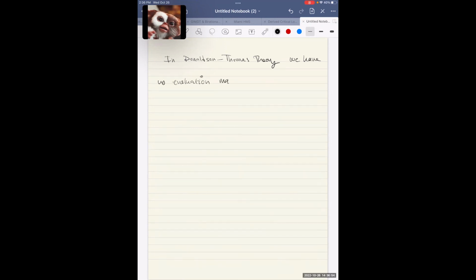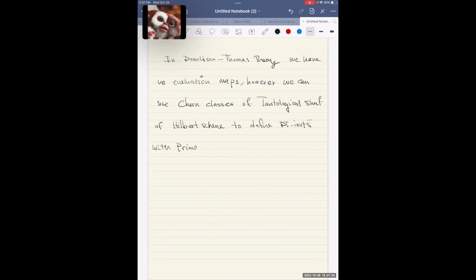However, we can use Chern classes of the tautological sheaf, the universal sheaf, of the Hilbert scheme, to define DT invariants with primary insertions, the alpha_i's. Okay, let me tell you how this is done.